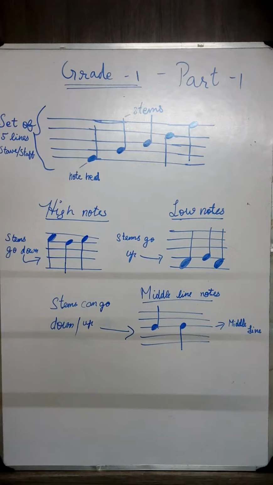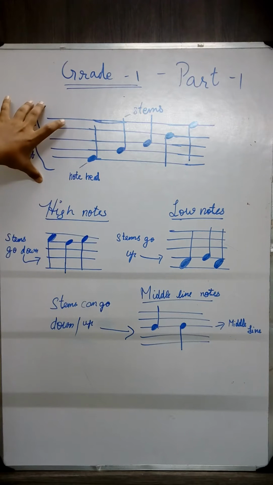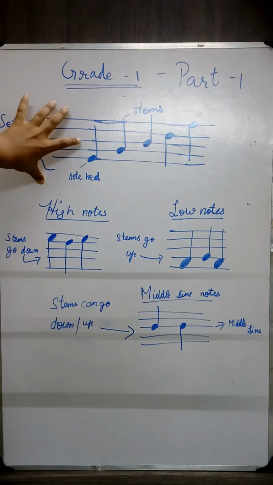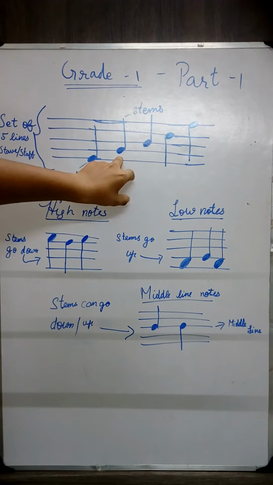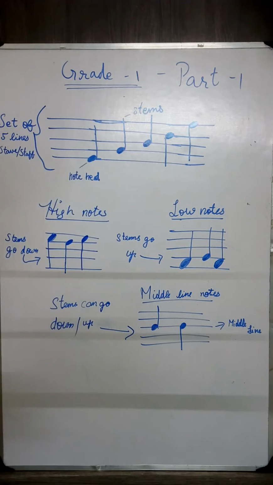Okay, I am revealing the answer. What they're saying is, draw on the third line from the bottom 1, 2, 3, and then 3 note heads on the first space. 1, 2, 3. This is how we need to draw it.